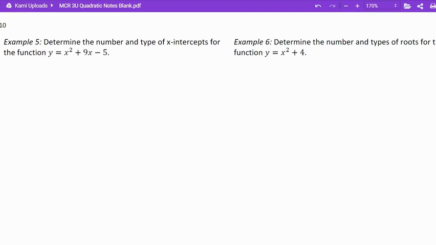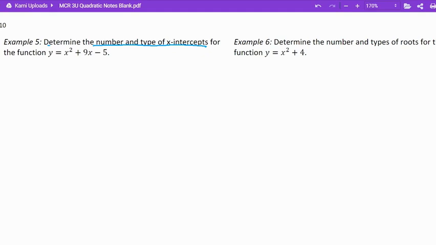All right. So in this question, is it asking us to find the roots? Determine the number and type of x-intercepts for this function. Do we need to find the x-intercepts? No. They just want to know how many. And who can tell me why it is that in this question we're asked about the x-intercept and not the roots? What do we see in that equation? What is it, Sophie?